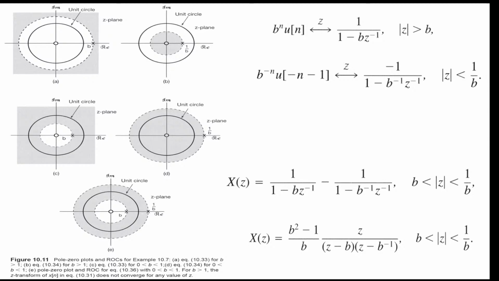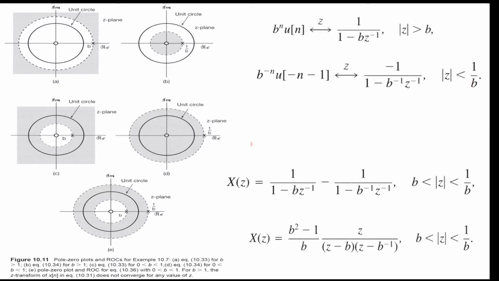And now we need to analyze the two cases, whether b is greater than or equal to 1 or b is less than 1. And so we have those two z transforms. If b is less than 1, then the first signal's ROC looks like this, because b is less than 1 and the ROC is greater than b.